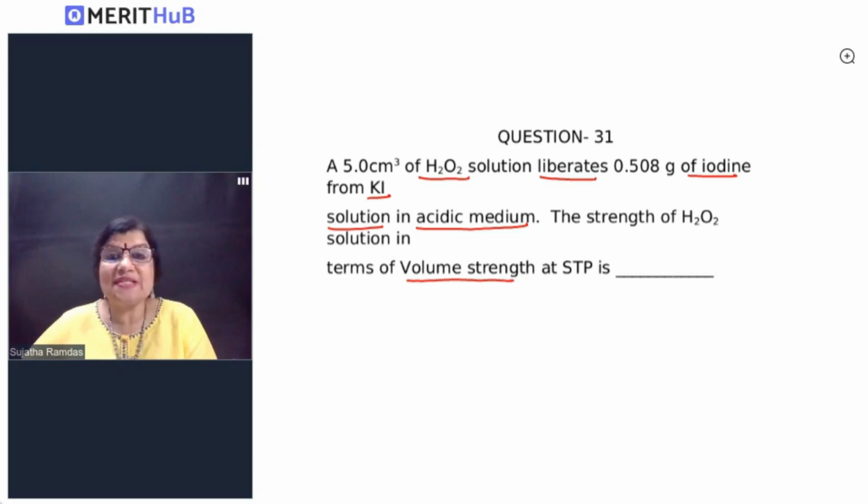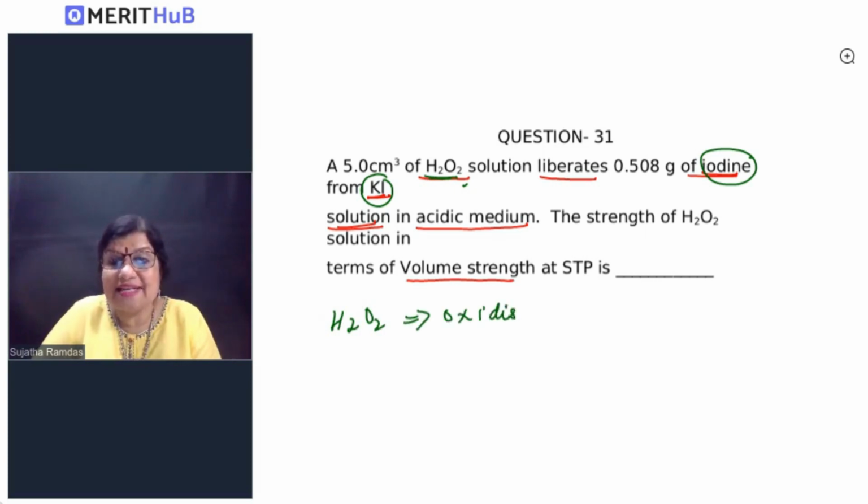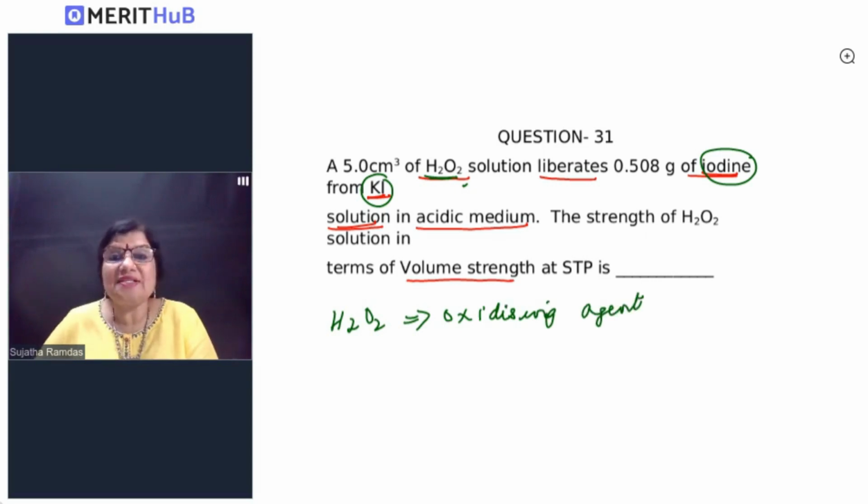Here, hydrogen peroxide is converting potassium iodide to iodine. In other words, potassium iodide is oxidized to iodine, and hydrogen peroxide gets reduced. So hydrogen peroxide is acting as an oxidizing agent here, and this reaction takes place in an acidic medium.